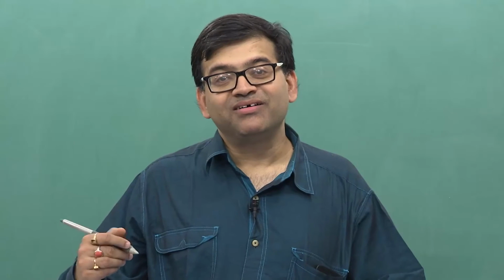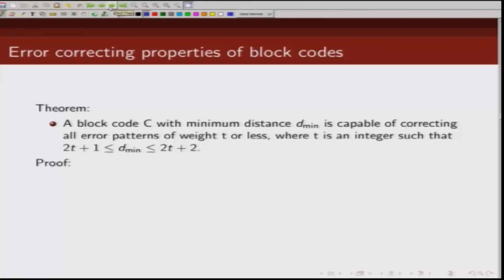Next, we are going to show how the error correcting capability of a linear block code is related to the minimum distance of the code.